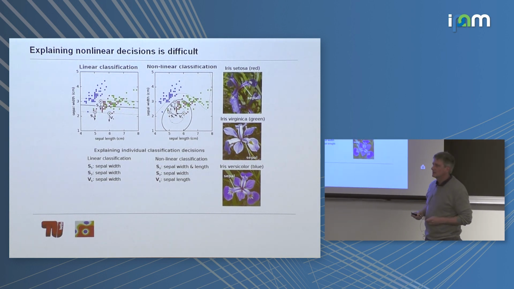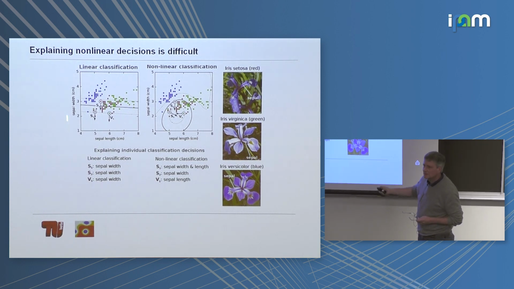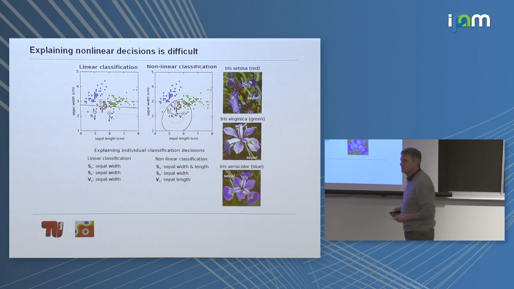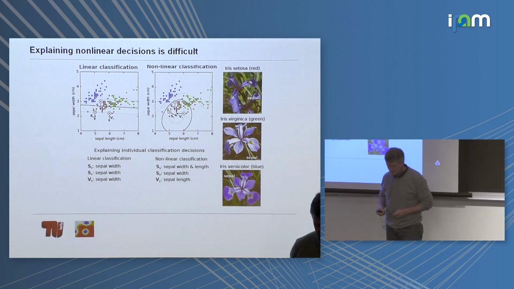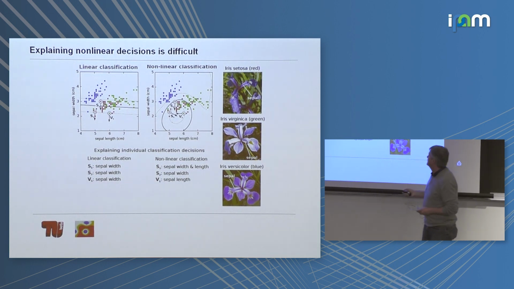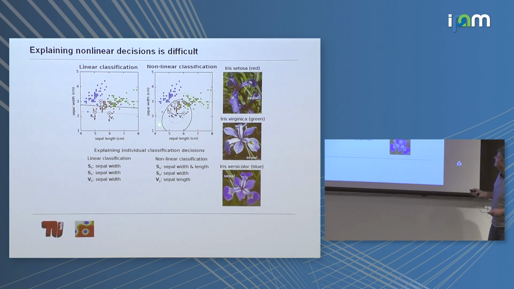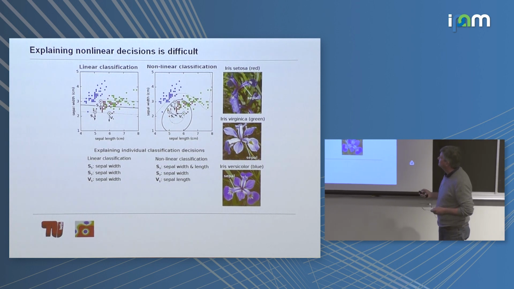And this linear model would be super easy to explain, because basically if you go from here to there, the explanation is basically this variable. So it's all about the sepal width. But you can clearly see that this doesn't cut it. But generally, linear models are super easy to explain. So if you have a nonlinear model, then things are getting more complicated.